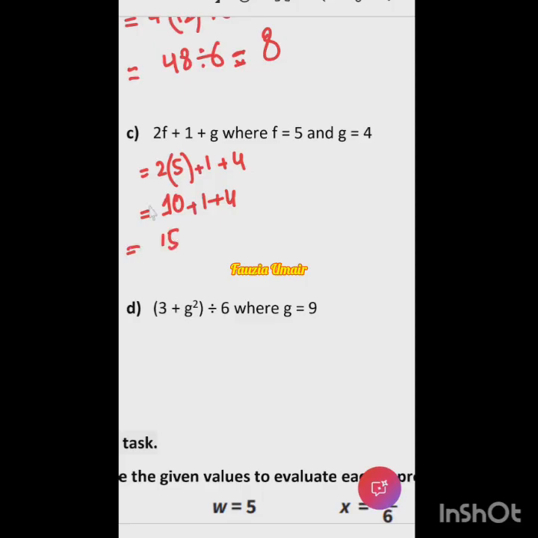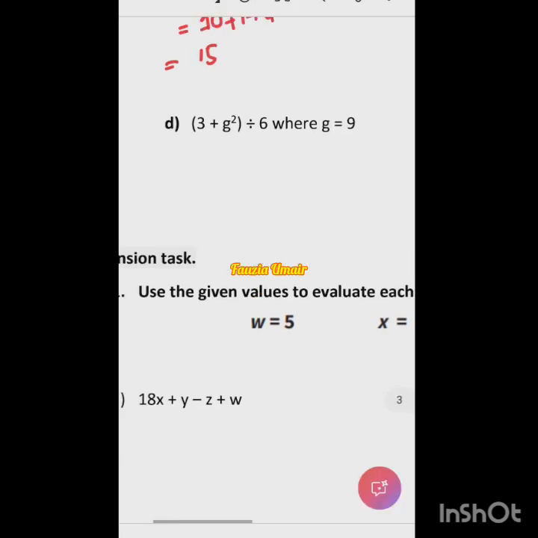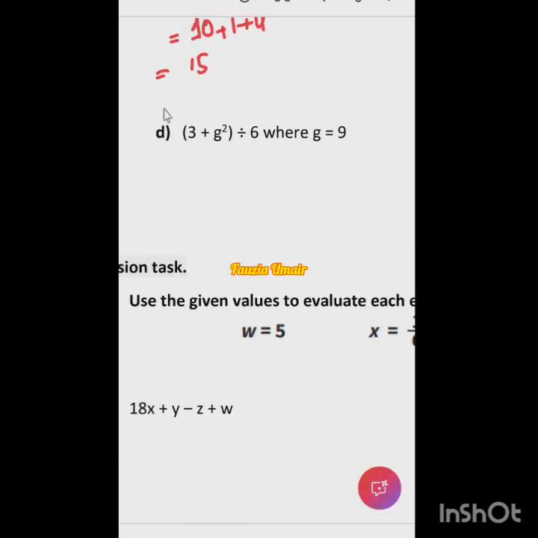So any confusion up till this point? No, ma'am. All right. Then D part is 3 plus g square, the square of numbers, divided by 6. So we need to put the value of g. So 3 plus 9 square divided by 6. What would be 9 square? 18?